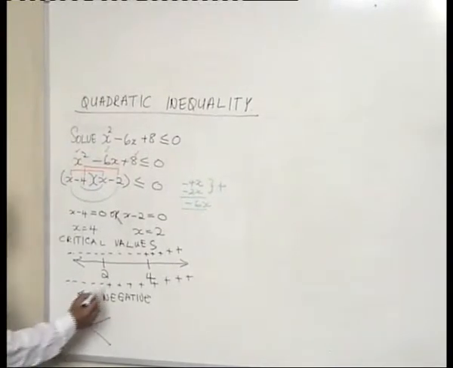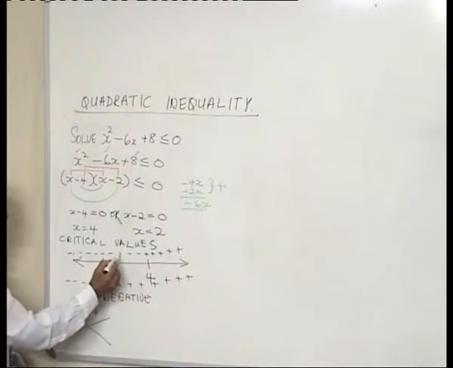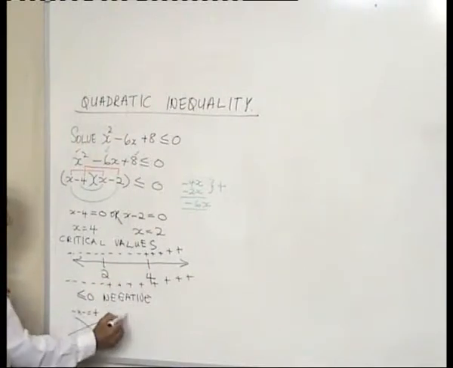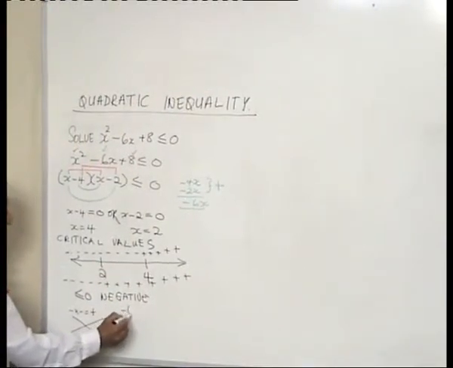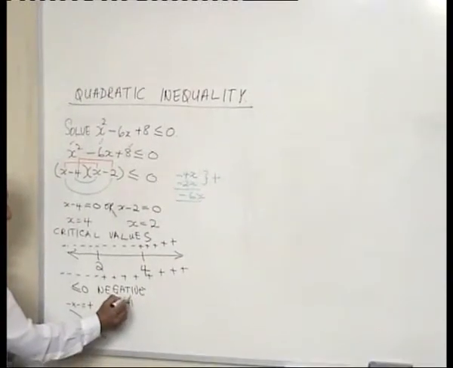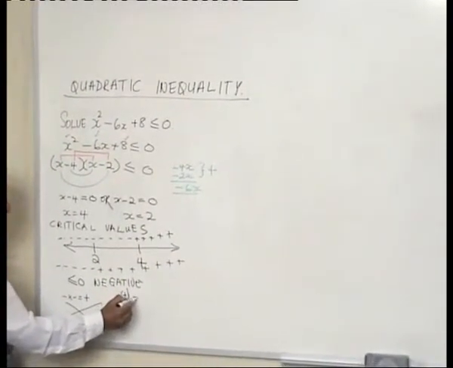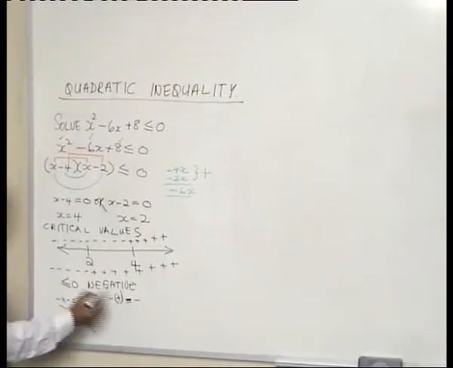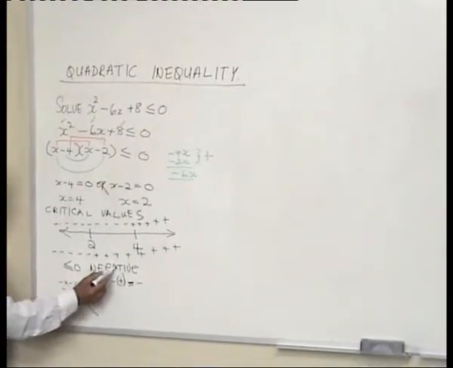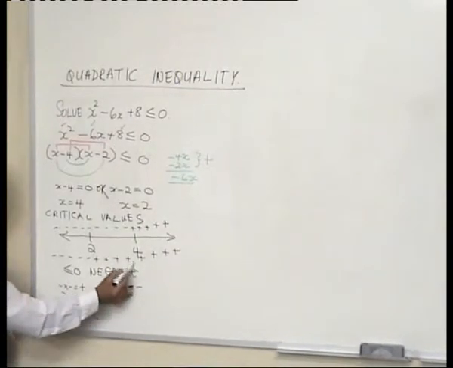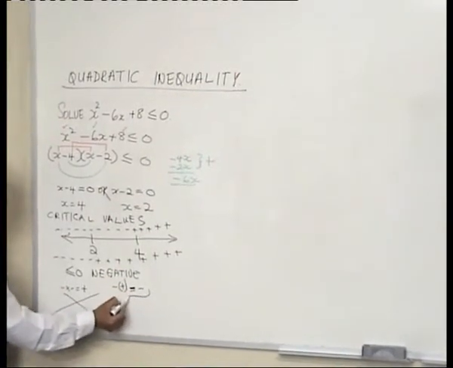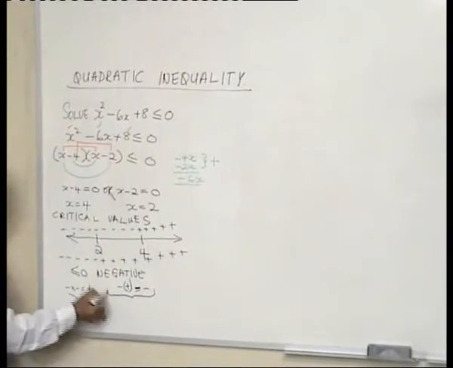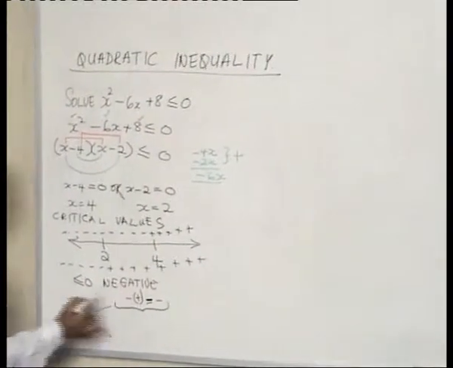Now, I check over here. Minus times plus gives me minus. Therefore, and I'm looking for negative, it is negative. Therefore, the answer is here. We are going to learn just now how to write the answer.